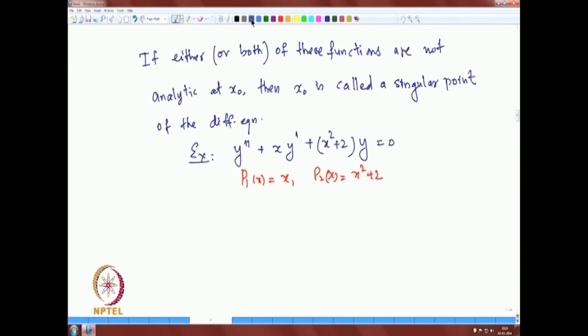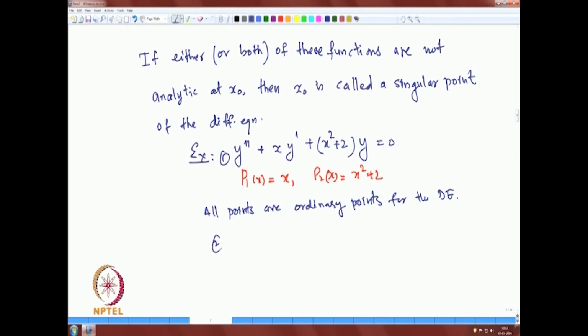Obviously both are analytic for all points, so all points are ordinary points. For this differential equation, all points are ordinary points.